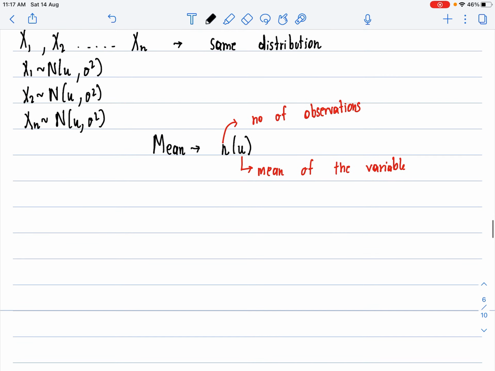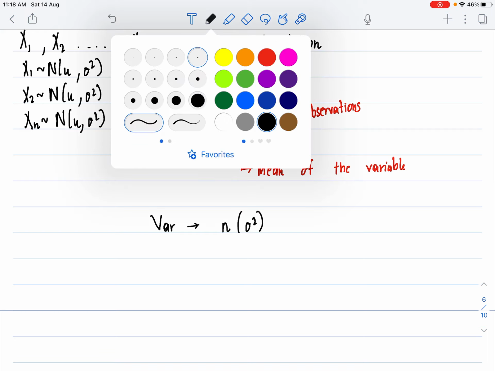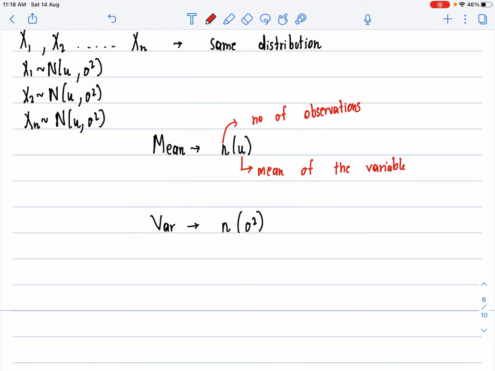Now they can even ask you the variance. The variance will be n into the variance provided in the question. The n here is the number of observations. But you even need to notice that this is not squared, because we had done this concept earlier also.